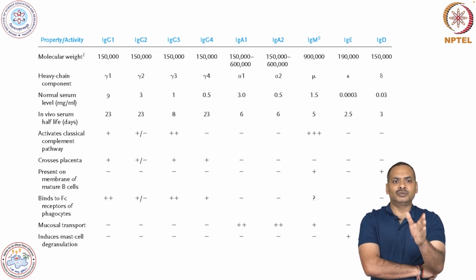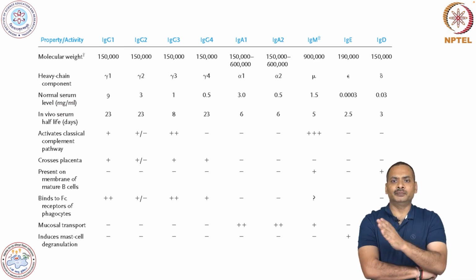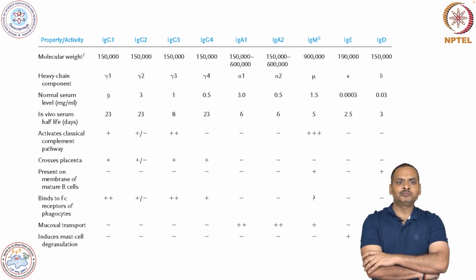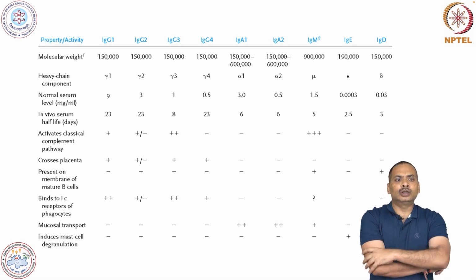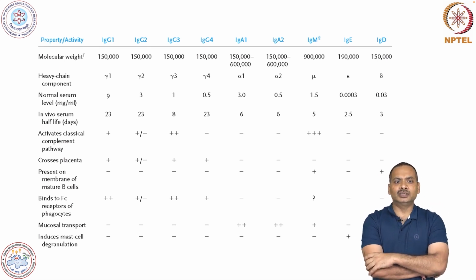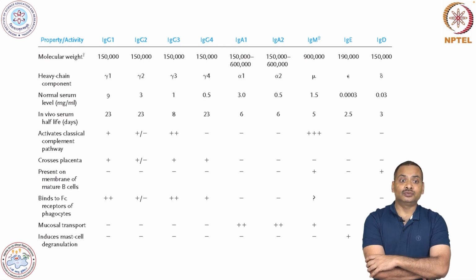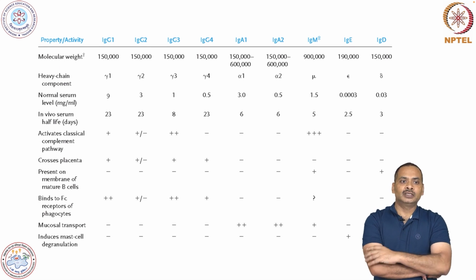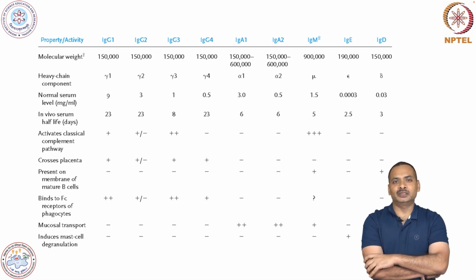There is gamma 1, gamma 2, 3, 4, alpha 1, alpha 2, mu, and epsilon and delta. And the normal serum level is also given, and here you can see that IgG1 is present in quite high amount. It is about 9 milligram per ml.